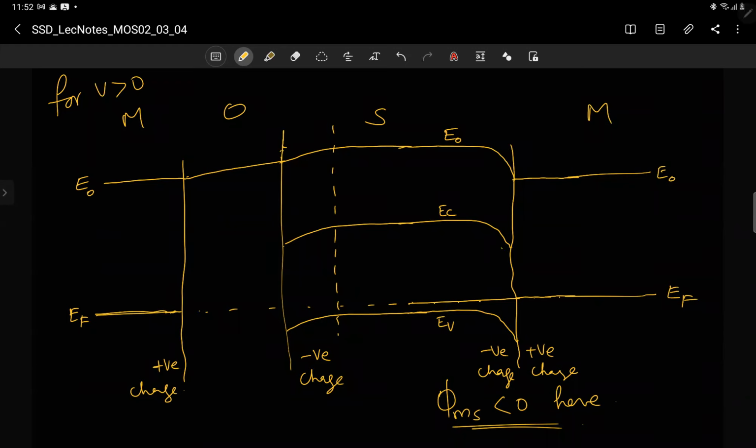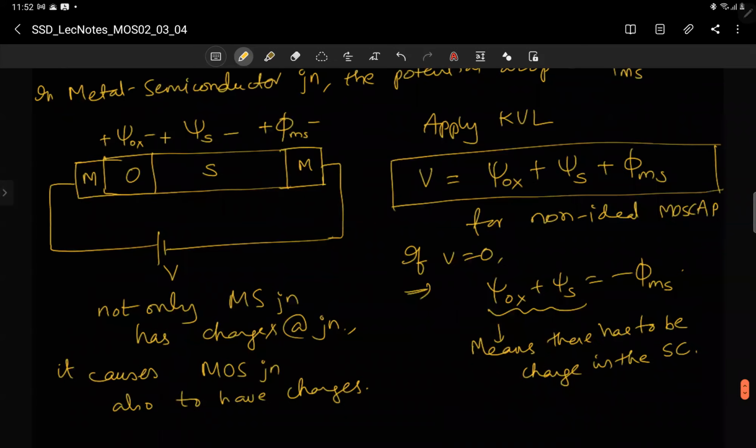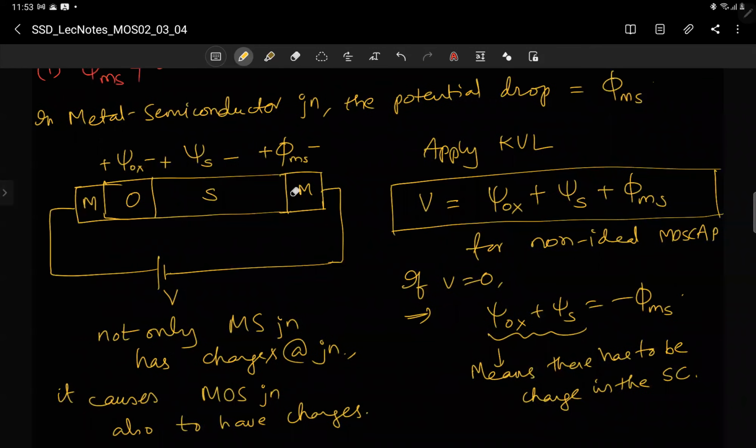So even if you apply bias, here we wrote phi ms even under bias, because there should not be any change in potential drop here other than phi ms. Otherwise it will start conducting, which is not possible because there cannot be any current through the insulator oxide. That is the reason we fixed this potential at phi ms even though we have applied a battery.